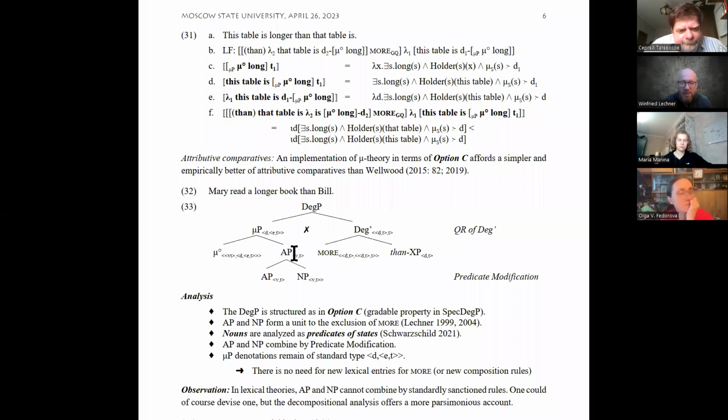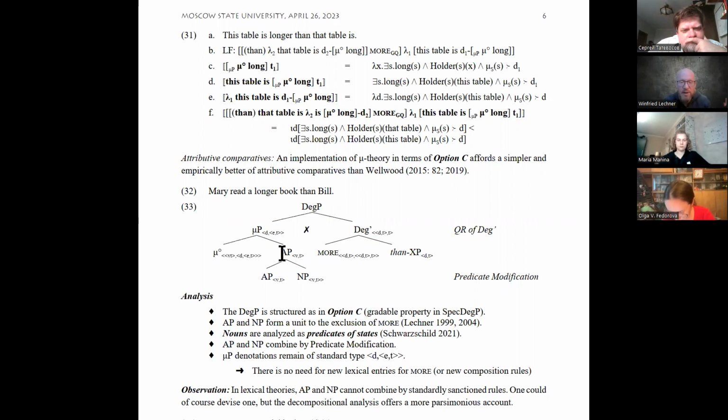Moreover, I assume here, and that is something which I take from previous work of mine and from Abney and other people, that in constructions with prenominal adjectives, in particular in comparatives, the AP and the NP form a unit, to the exclusion of the comparative parts.